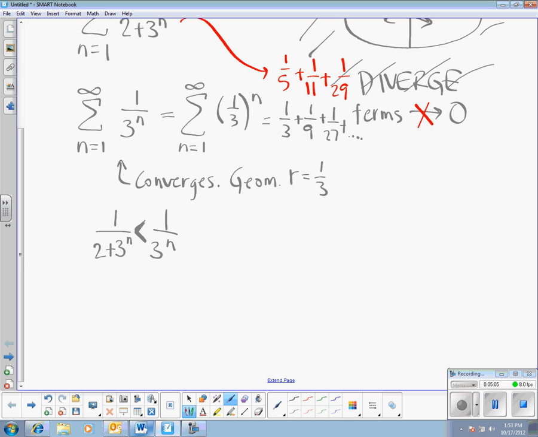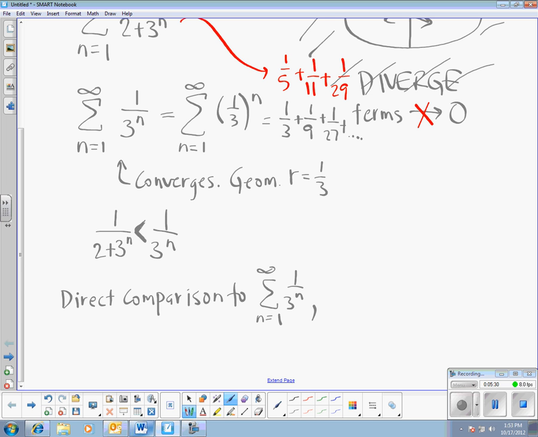So the way you would want to phrase your answer, we also need to work on answer phrases. You need to say that you are doing a direct comparison to the series you want to compare to, which for us is the sum from 1 to infinity of 1 over 3 to the n.